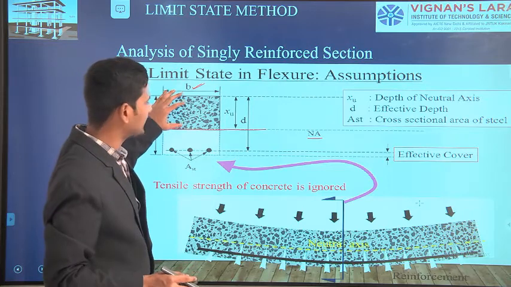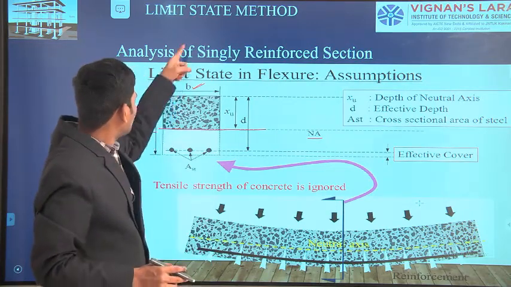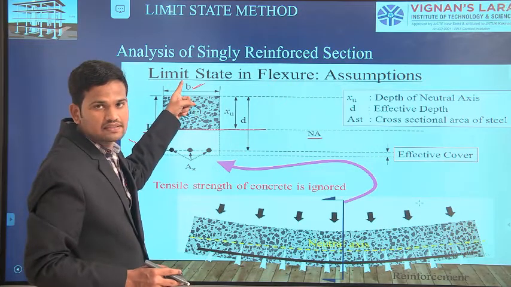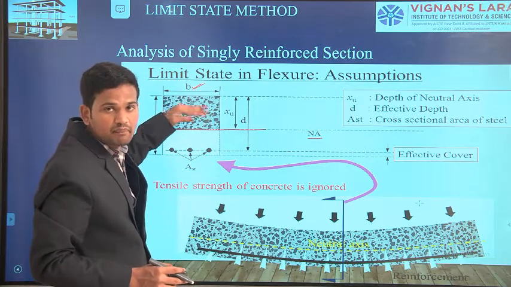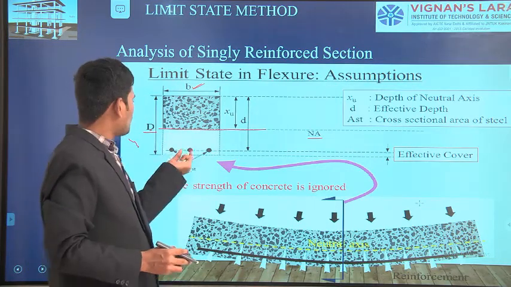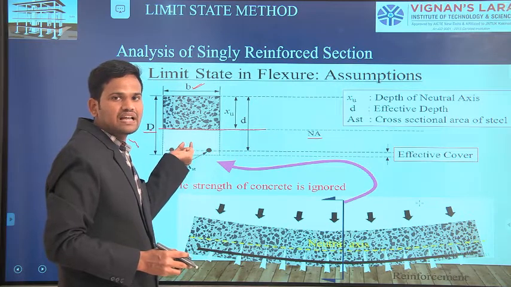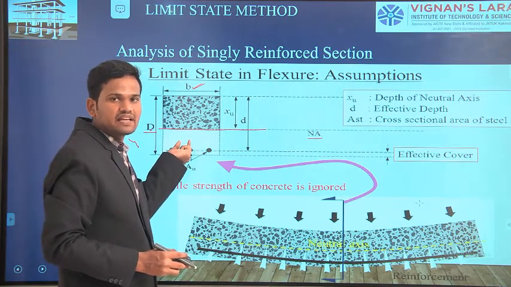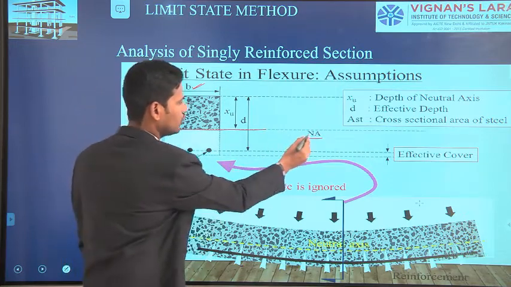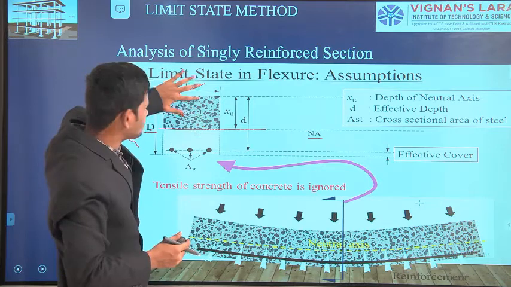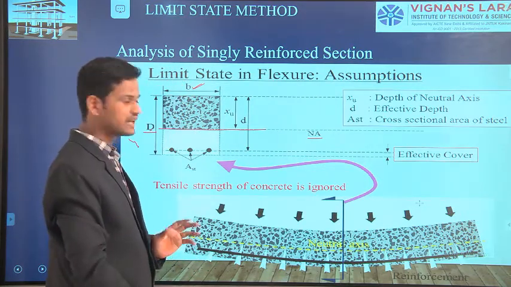That means if you take this beam, the load you are applying on this concrete beam in the compression direction up to this point, the member will get compressed. Whereas in this portion, the load you are applying will be taken by the steel rods, hence it will resist the tension forces. The neutral axis divides the compression phase, that is the concrete phase, and the steel phase, the tension phase.